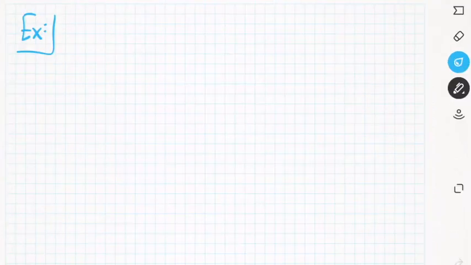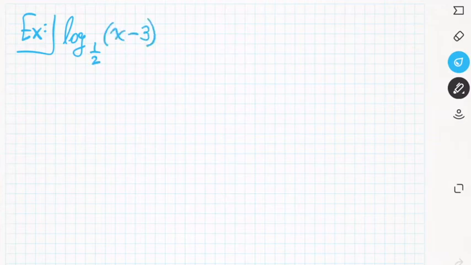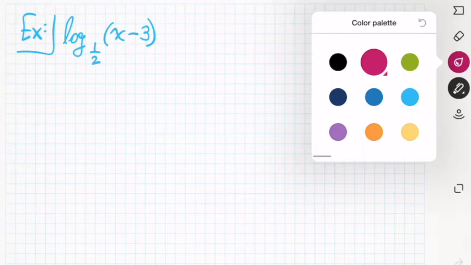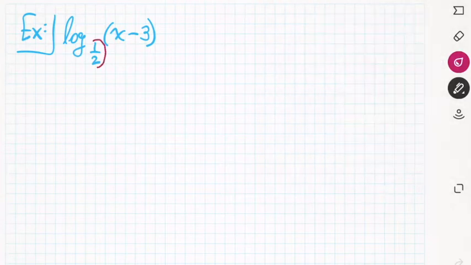The reason that you want your base to be larger than 1 is the question of how do you graph this? So the problem here is having this 1/2 in the base position, because that makes things a little confusing. So here's a workaround to having a base less than 1.